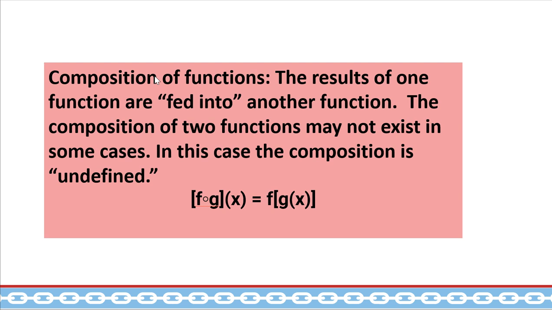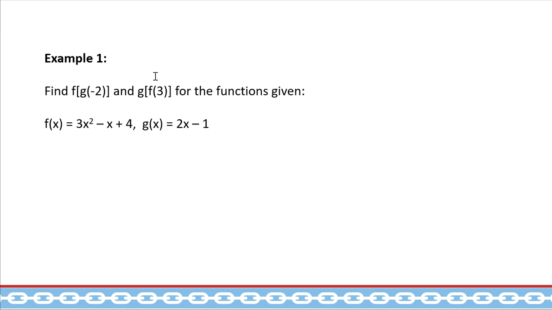So we are going to go through some examples here. The first one is kind of the preferred way. We are asked to find f of g of -2. So what we do to start this is we start at the inside of our parentheses, and we're going to find g of -2.